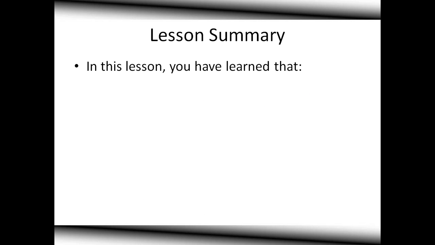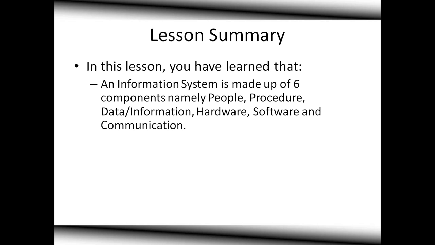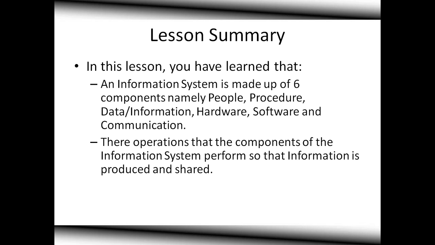In our lesson for today, we have discussed, and I believe you have understood, that an information system is made up of 6 components, and these components, as we explained and defined them, are people, procedures, data or information, hardware, software, and communication.